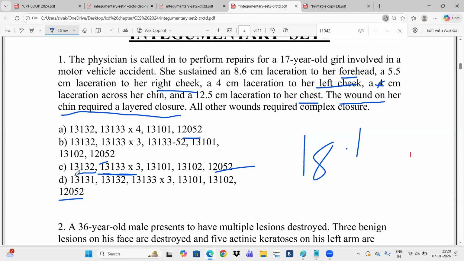So 13132, 13133, 13101, 13102. Here 13131 and 13132 are both coded. It should be wrong, right? We should not code two primary codes. Either 31 or 32, only one primary code we need to use.